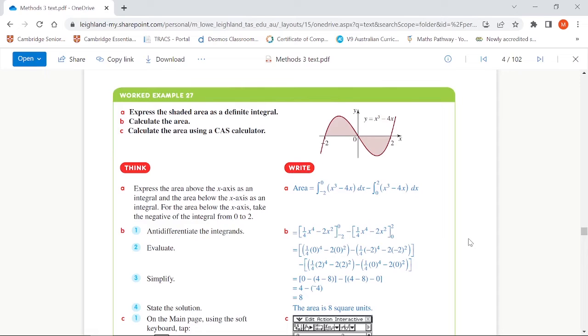Well, in that situation, you would need to know what does the graph look like? Where does it actually intersect the x-axis? And so, well, okay, I can see that it's a cubic, and so that it's a positive cubic, so it is going to be shaped like that. So let's work out where the x-intercepts are. X-intercepts, we're going to let y equal 0, so I'll have x cubed minus 4x equals 0.